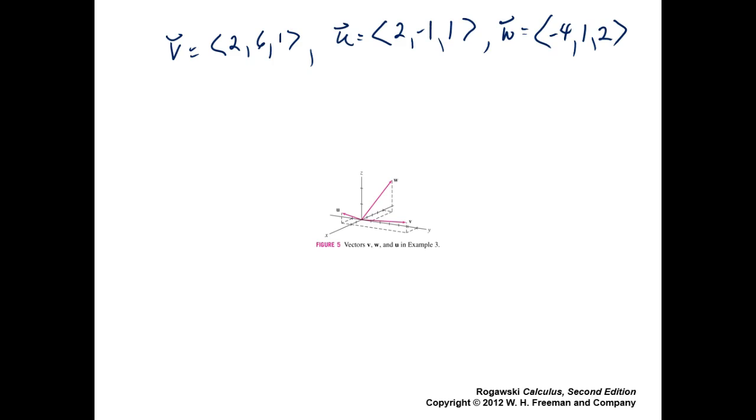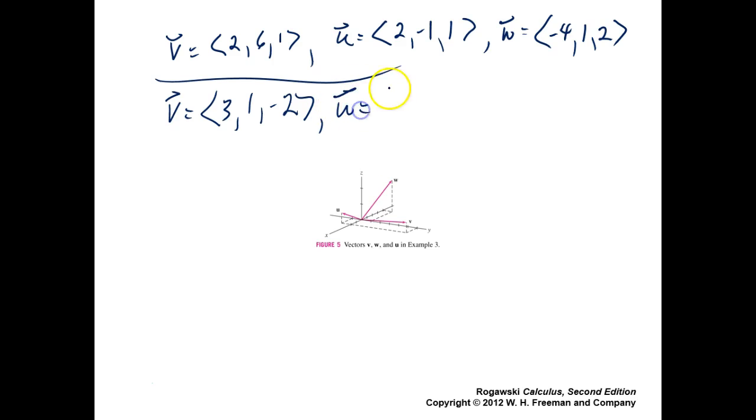So I take it y'all want to do a couple. A new vector V is 3, 1, -2. A new vector U is 1/2, 1/2, 5.